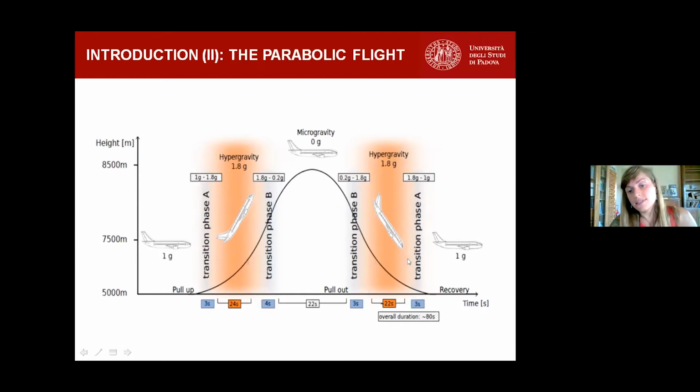And afterwards, it starts to descend the parabola, entering a second hypergravity phase, which ends with a new steady flight phase. We collected our jumps during the transition phases that you can see here highlighted in the picture, in order to collect jumps in gravities ranging from about 0 to about 2, that is about double the Earth's gravity.